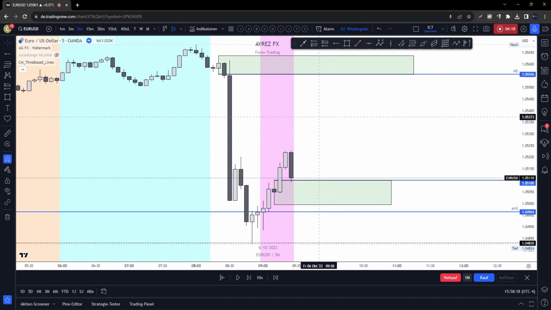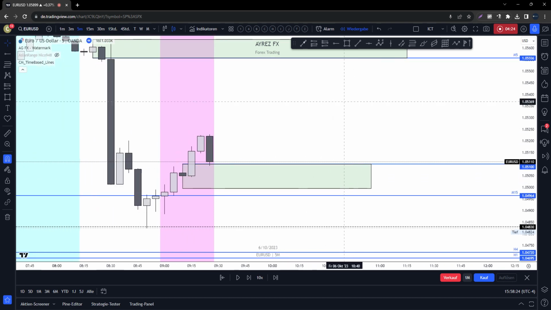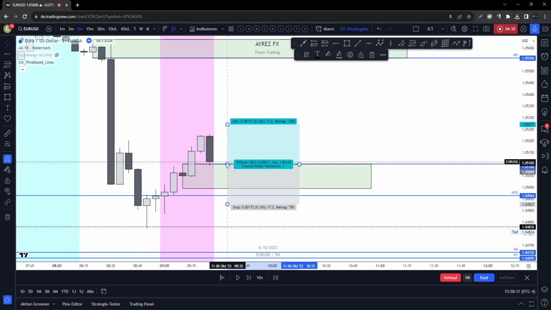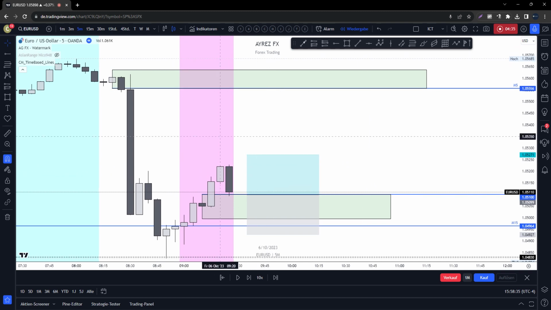Most of the time, I take 8 pip stop loss, but when I see a zone like this, it's a huge zone, then I take a 10 pip stop loss. So we will mark our orders here. Most of my orders are only sell limit or buy limit. I know when the price reaches my targets, I put a limit order.